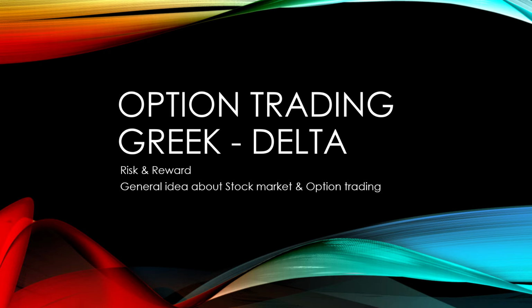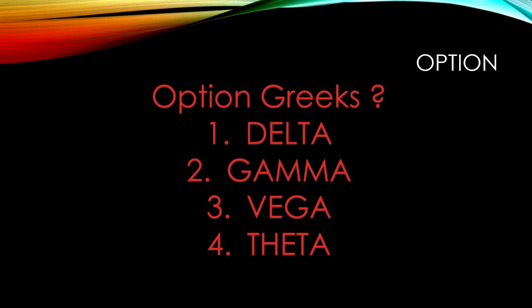This is what we are going to discuss. So let's see first what the Greeks are. There are four main option Greeks: delta, gamma, vega and theta.